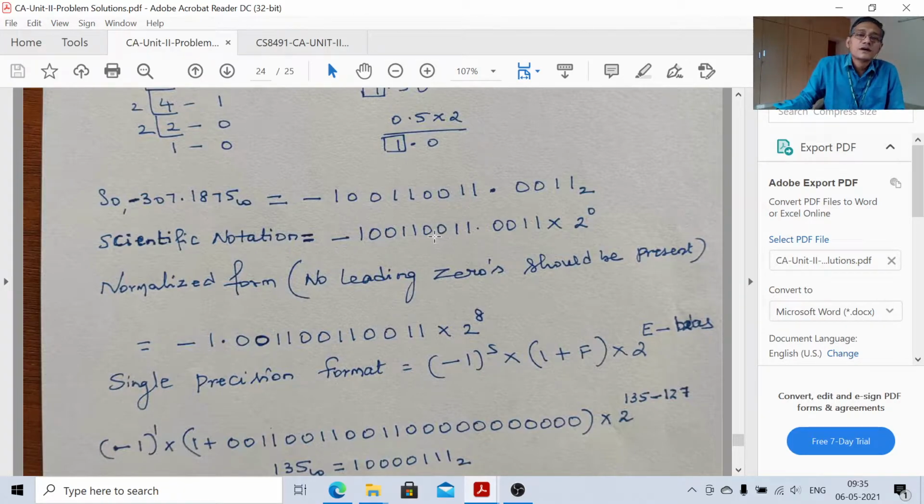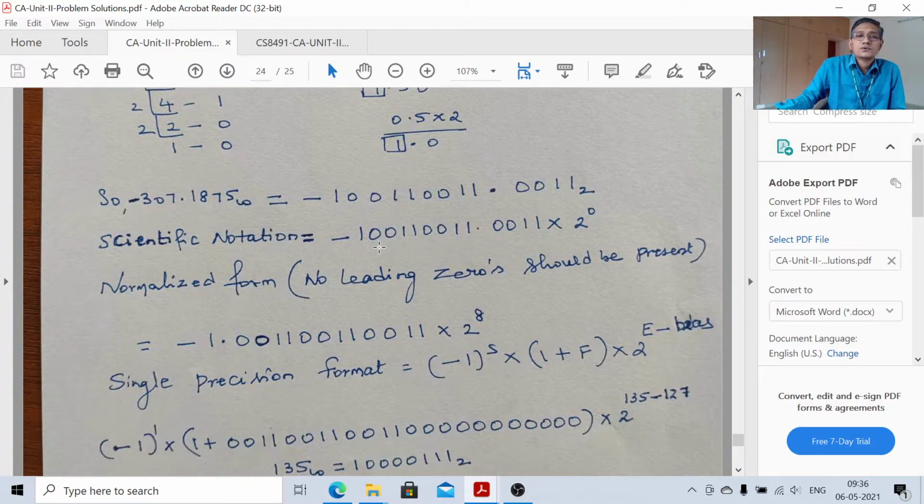If you see, there are 4 leading zeros available, meaning zeros to the left of the decimal point. So we need to shift right the entire value up to this 0, so that there will not be any leading zeros in the corresponding scientific notation.